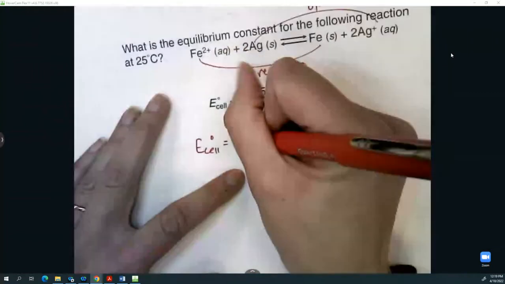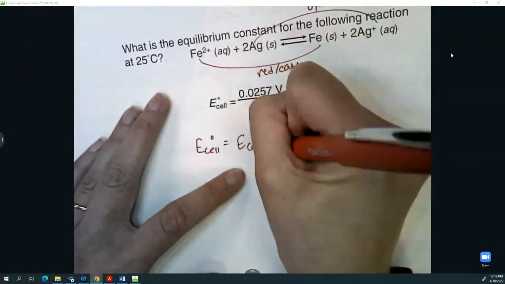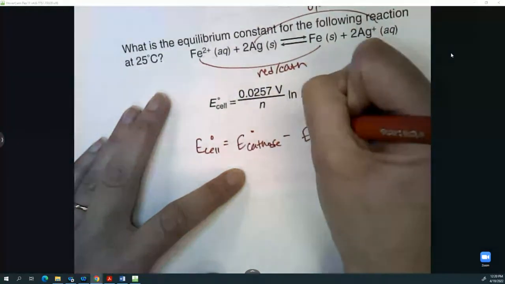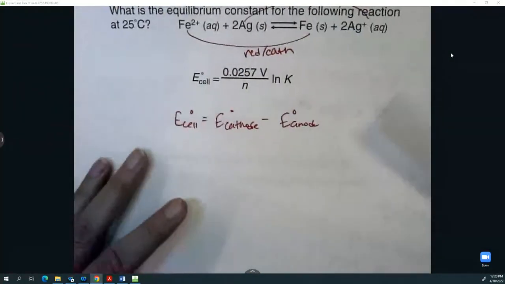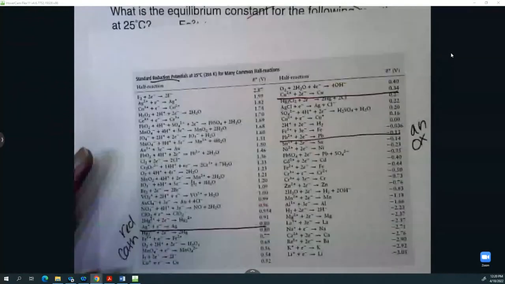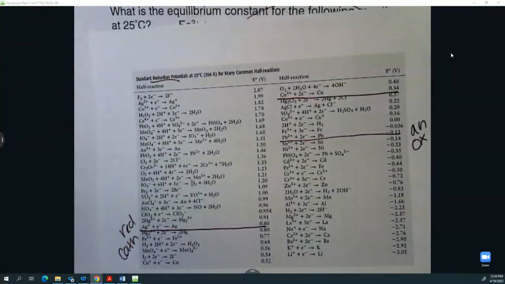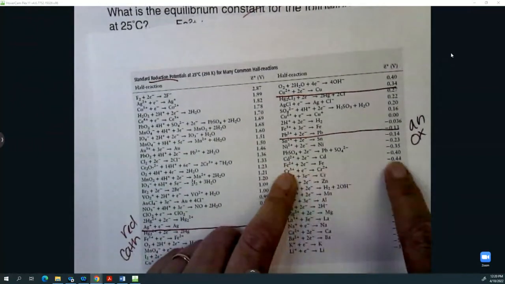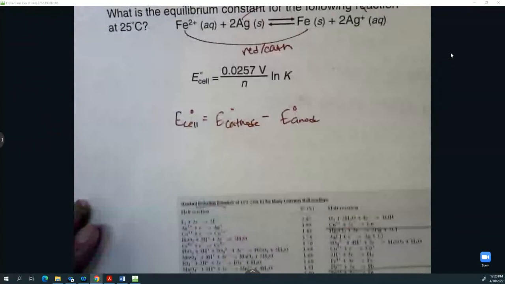So I need to find those iron 2+ to iron 0. Iron 2+ to iron 0 is negative 0.44.